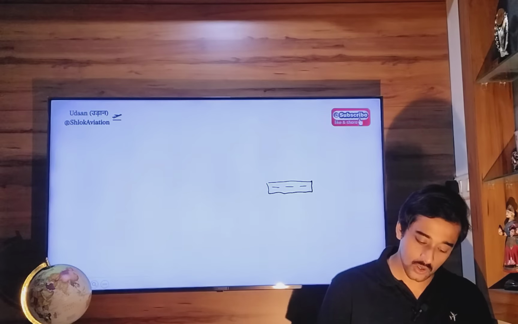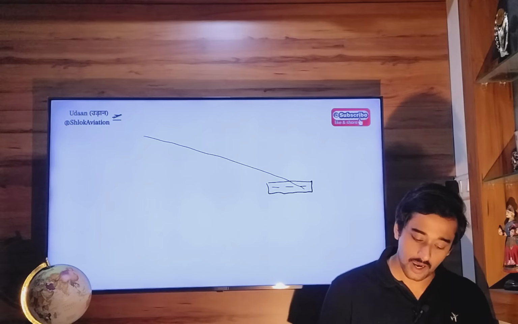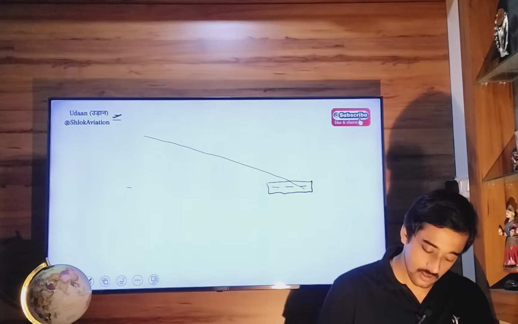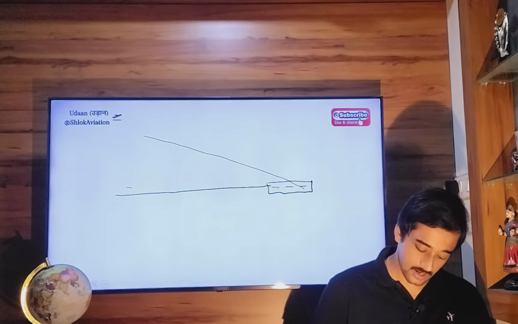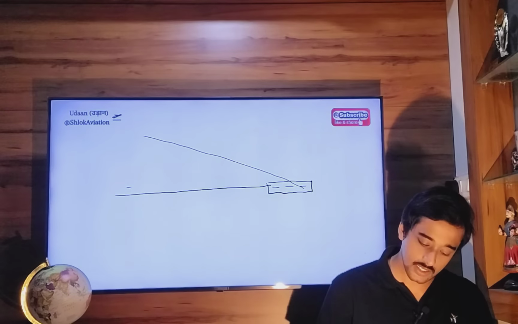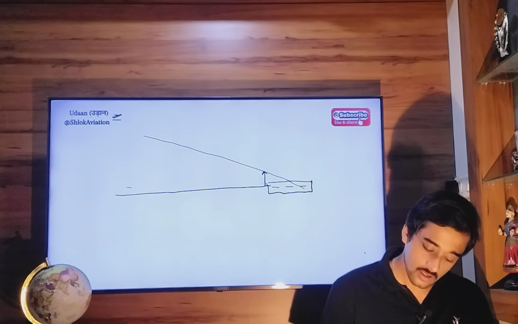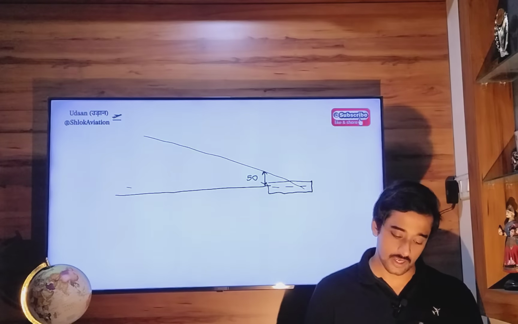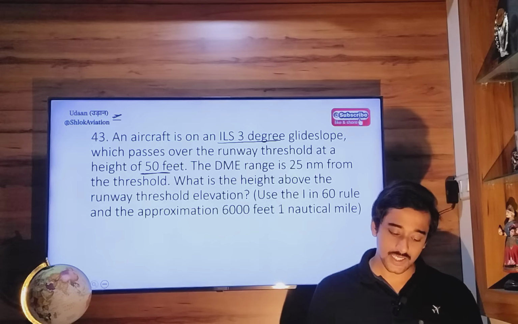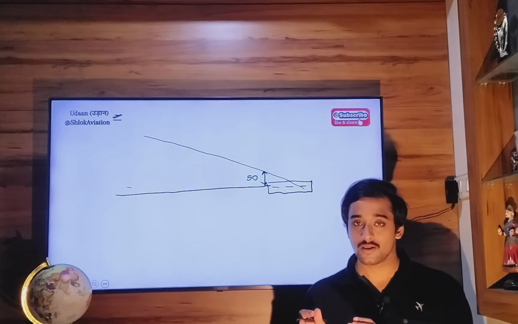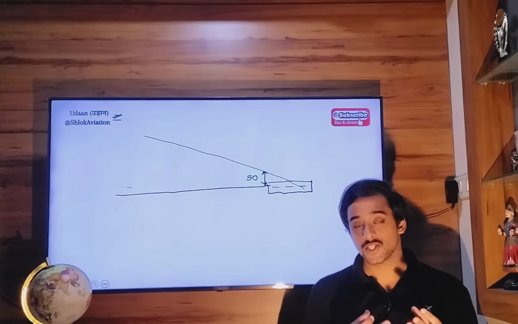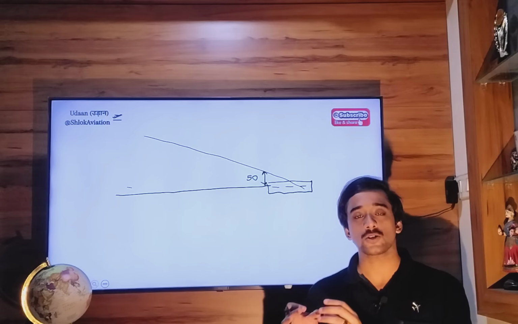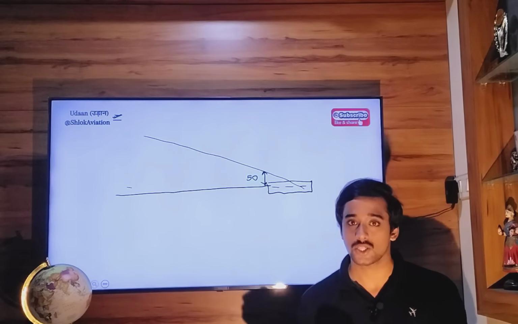There is a glide slope which passes over the runway at a height of 50 feet over the threshold of the runway. That means this glide slope ends at the touchdown zone of the runway, at any portion of the runway which is ahead of the threshold.